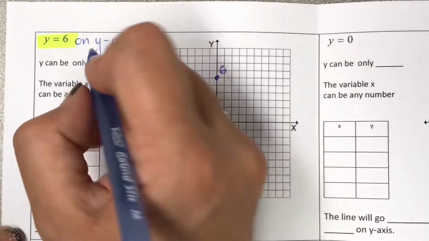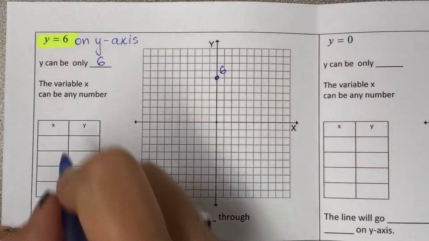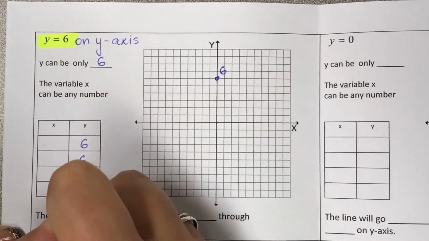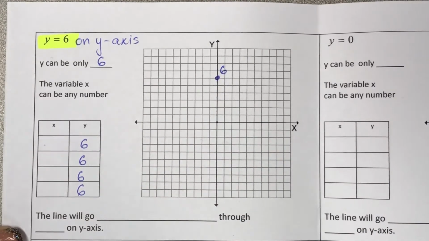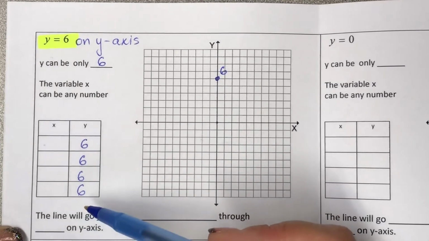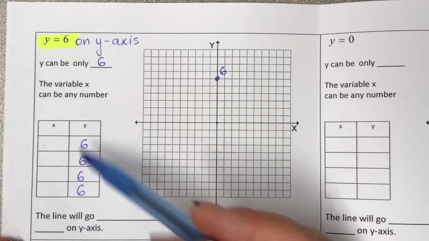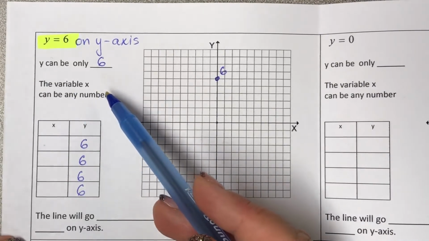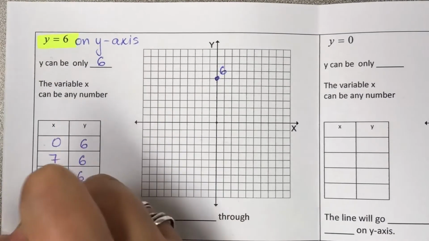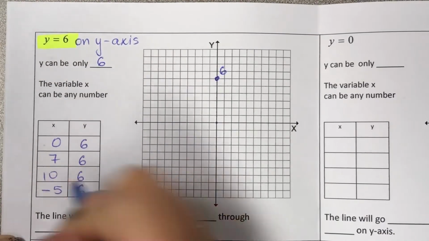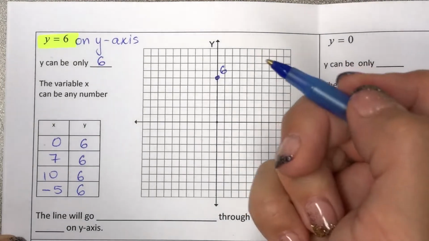Y can be only 6, so let's prove this. In other words, in a chart or in a selection of a few points, as many as you want. I picked 4, but it could be 3, 5, 10, as many as you want, but the y value can only be 6, nothing else. The x value can be any number you can come up with. So let's say 0, 7, 10, -5, random.